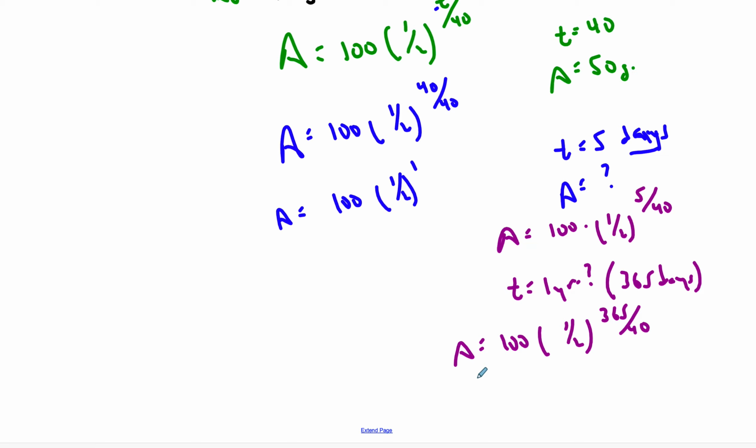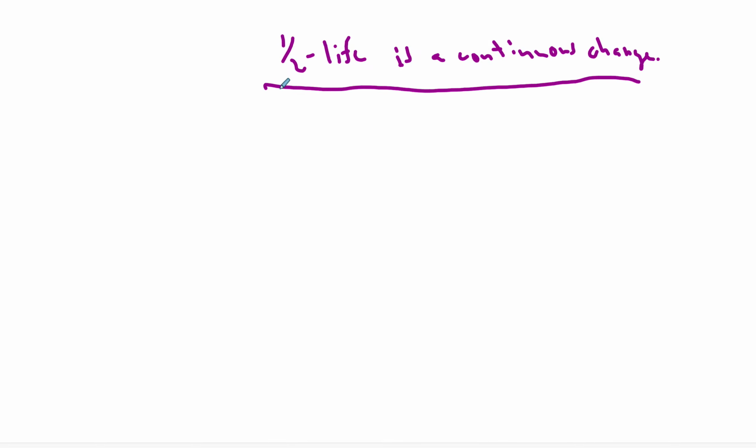Now, one other side note, it turns out that when we're talking about this half-life, it is a continuous change. So when we're given a half-life, let's say we have a half-life, so A equals A naught, and let's say the half-life is equal to K, right?